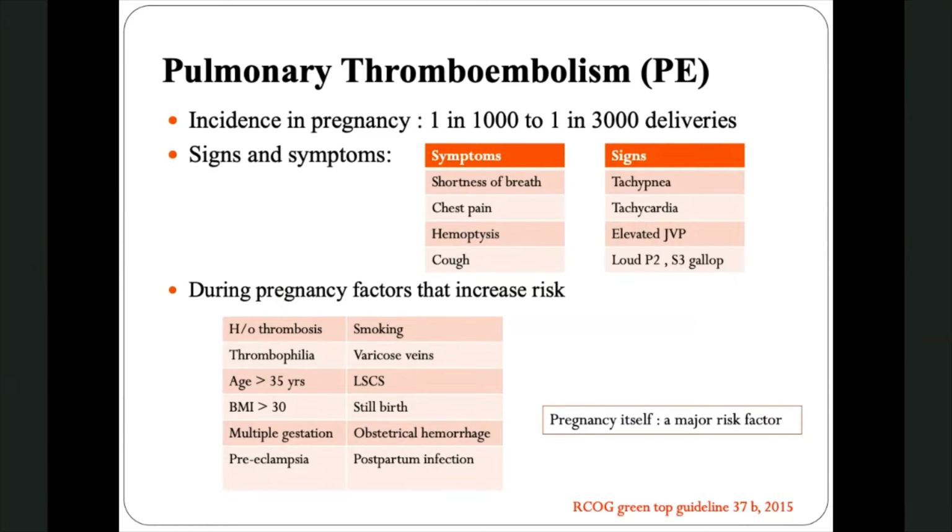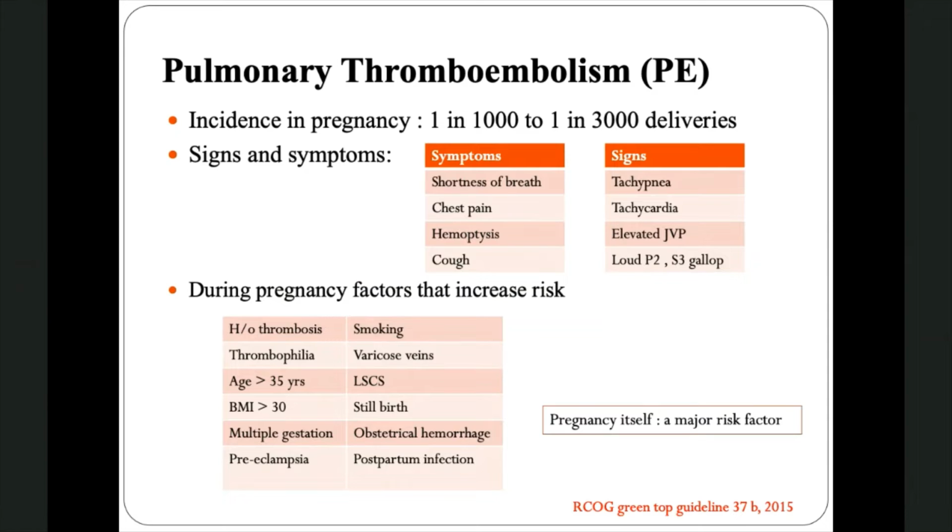Signs are very important to identify or suspect pulmonary embolism. Tachypnea, tachycardia is there, elevated jugular venous pressure, which is not very common to appreciate. Loud P2, again not very common to appreciate, but whenever there is acute shortness of breath, chest pain with tachypnea and tachycardia, you should suspect pulmonary embolism.